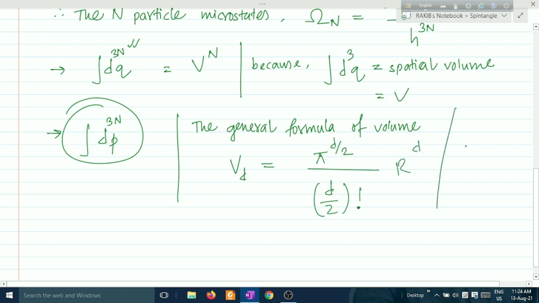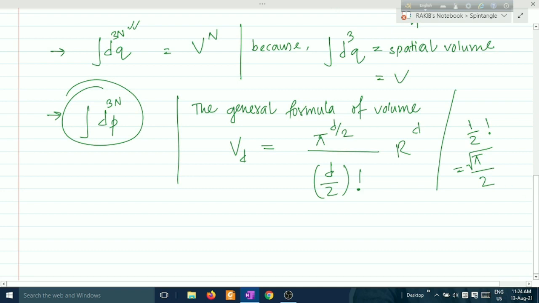You may encounter an extra term, half factorial. I think half factorial is root pi by 2, but I am not sure about this; you can check. I am just writing it for your understanding, since you may fumble over the value of half factorial, which comes from the concept of the gamma function.